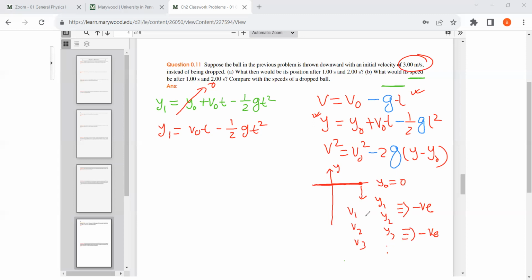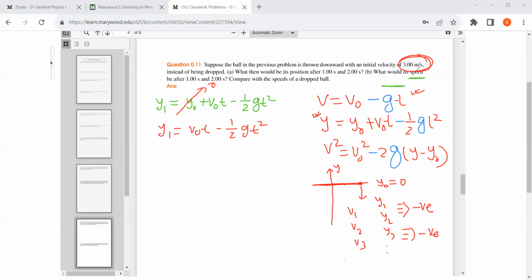So now here it says that the initial velocity is 3 meters per second, but it didn't tell you whether you have to use a negative sign or positive sign. It's your responsibility to understand that because it is going downward, and the downward direction means negative direction in our convention.